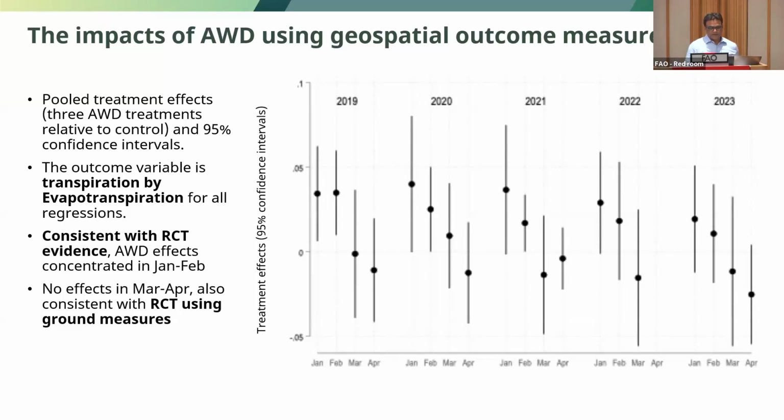What you see in the graph is that our T by ET estimation is consistent with RCT evidence. And the AWD effect is concentrated in January to February and then declines March to April, which is again consistent with the field observation.